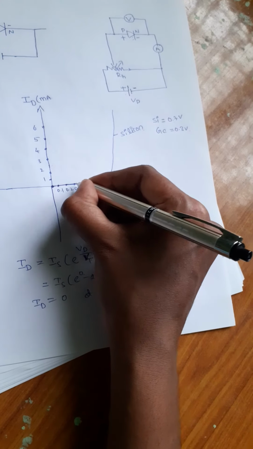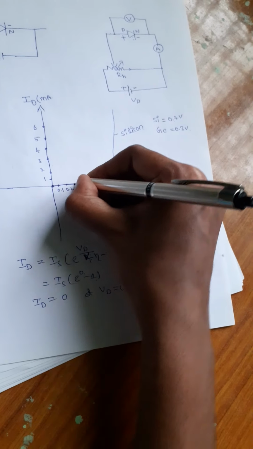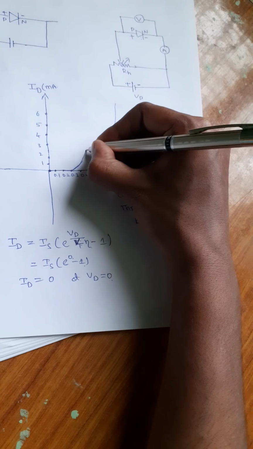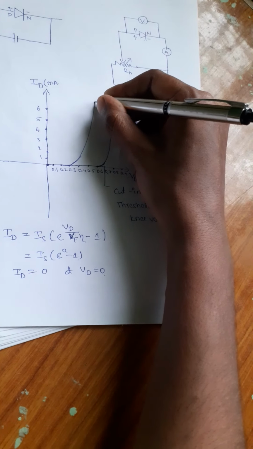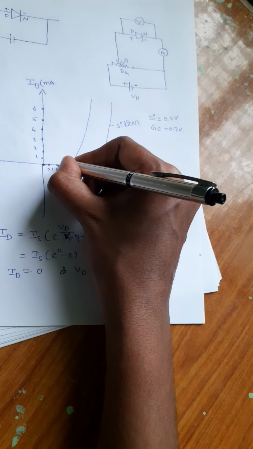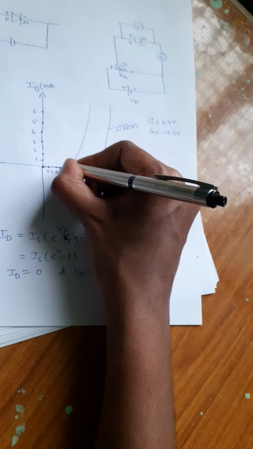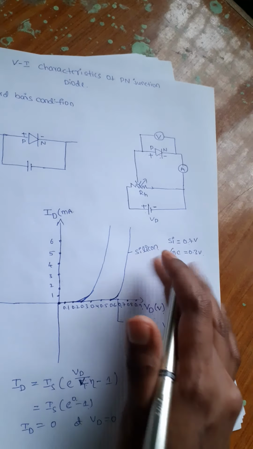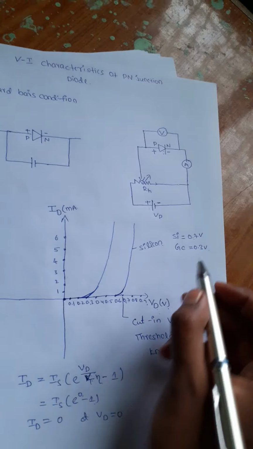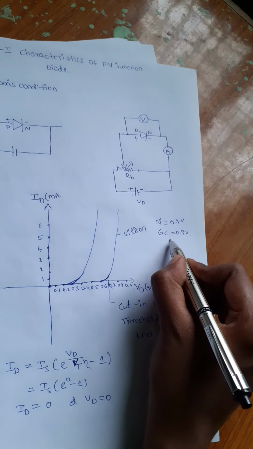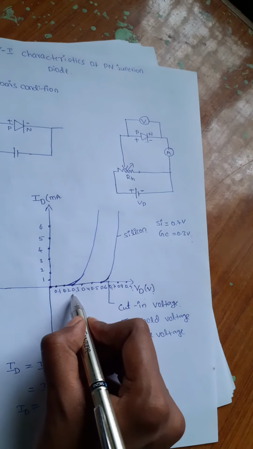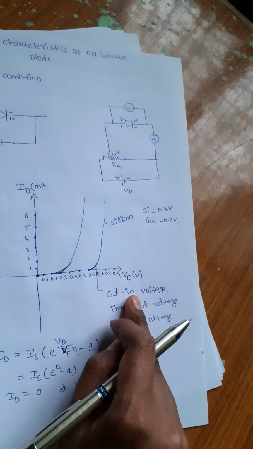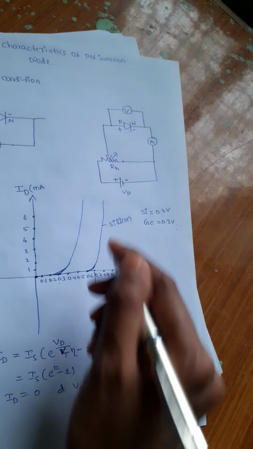For germanium, the graph is like this. There is a small increment at 0.2 volts and a sudden increment of current at 0.3 volts, because the potential barrier for germanium is 0.3 volts. After 0.3 volts there is a large increment of current. We call this the cut-in voltage, threshold voltage or knee voltage for germanium.